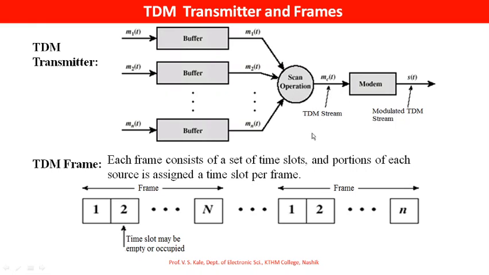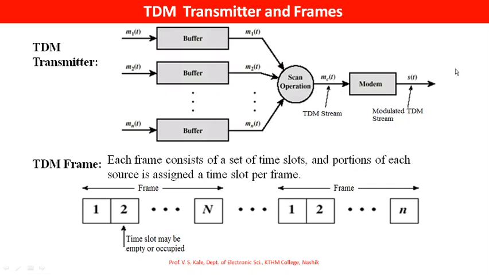The output of this is called a TDM stream, MCT, and these signals are given to the input of the modem, that is modulation and demodulation, and it generates the modulated TDM stream.